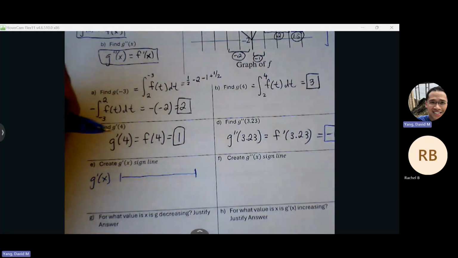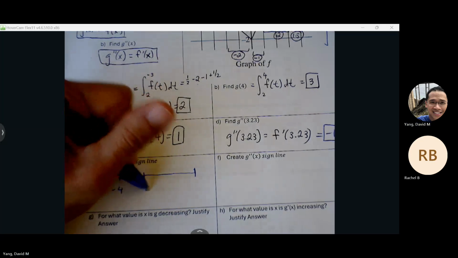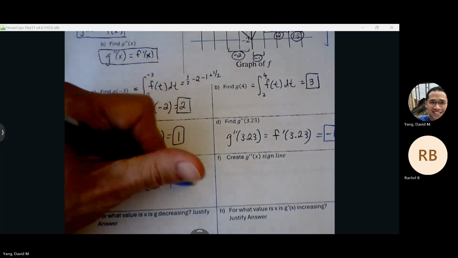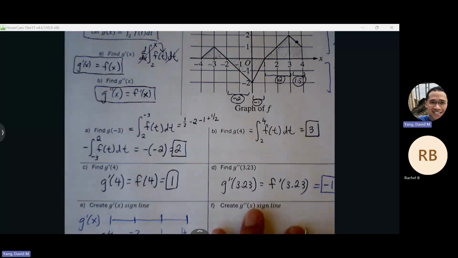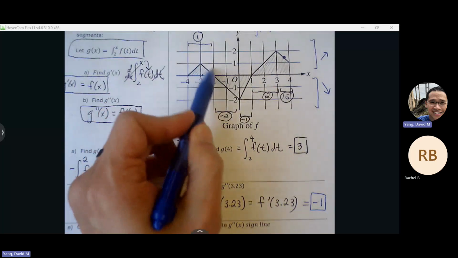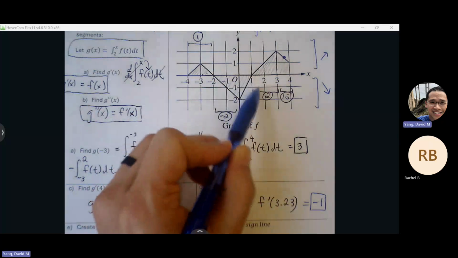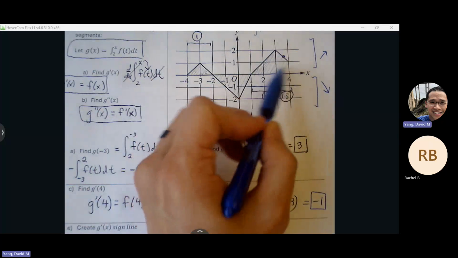X-intercepts is what we want to pull from our derivative graph. See where the graph is located between -4 and -2, above the x-axis, so positive slope. Below the x-axis, negative slope. Above the x-axis, positive slope.